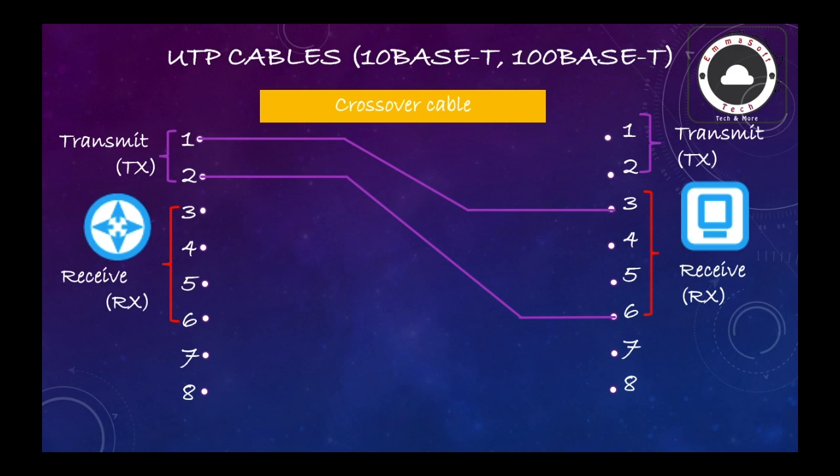So that doesn't make them different. They are the same in their logical setup. So we cannot use a straight through. We must use a crossover cable to allow them to communicate in full duplex mode. So that is how transmission will take place.